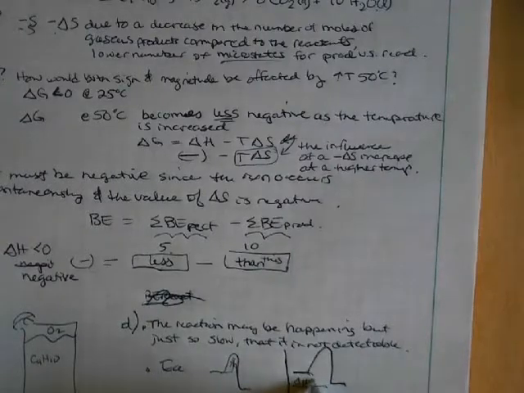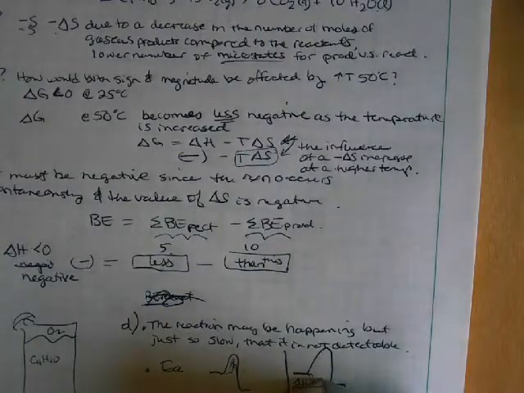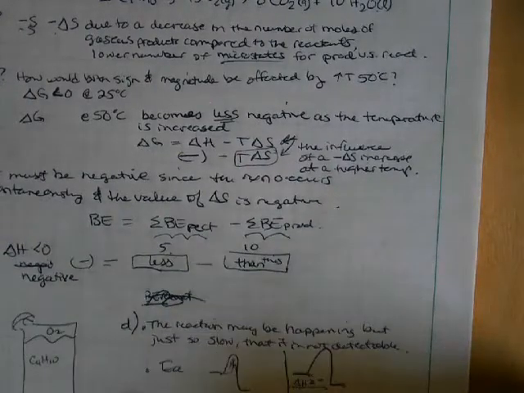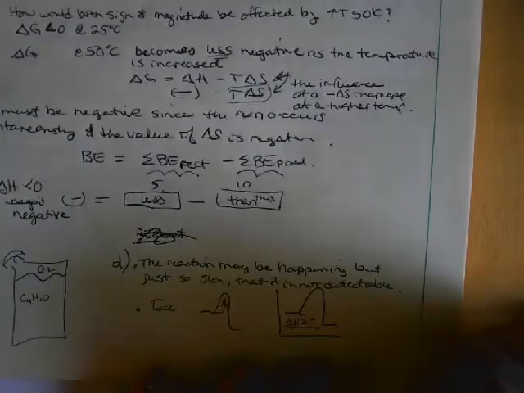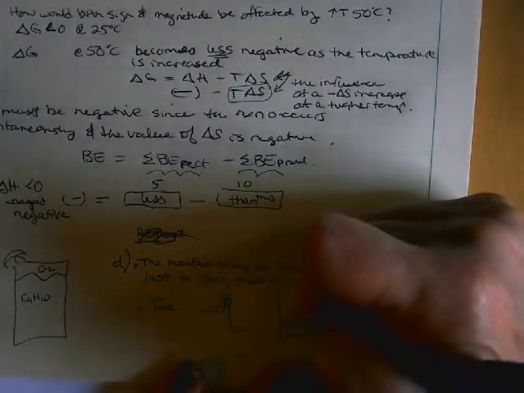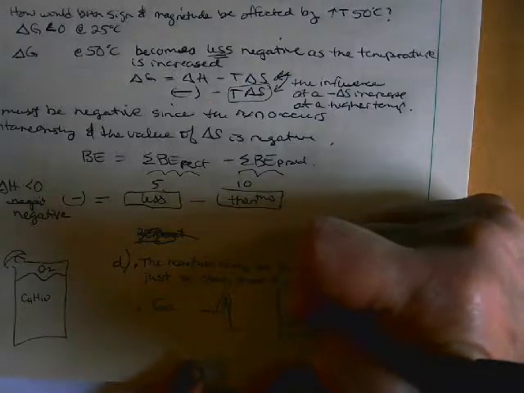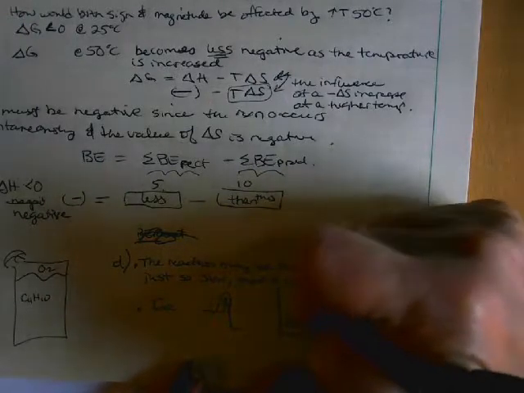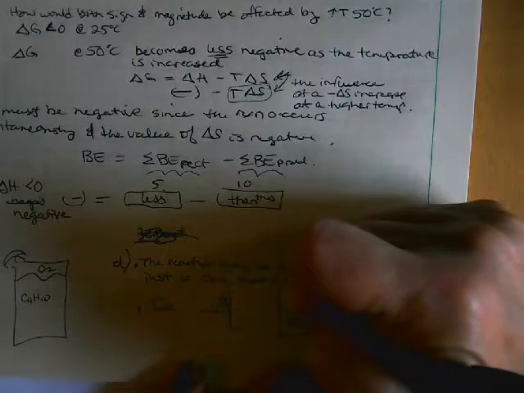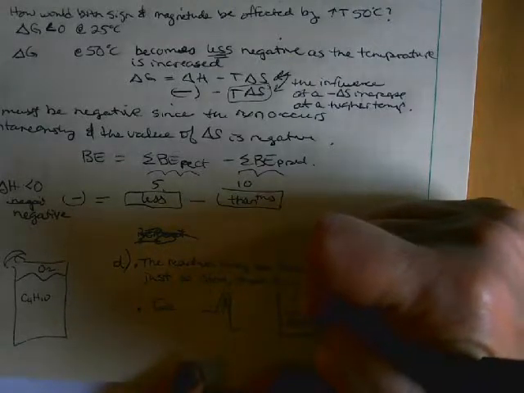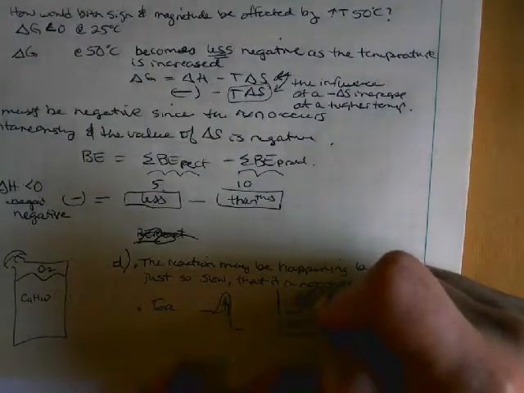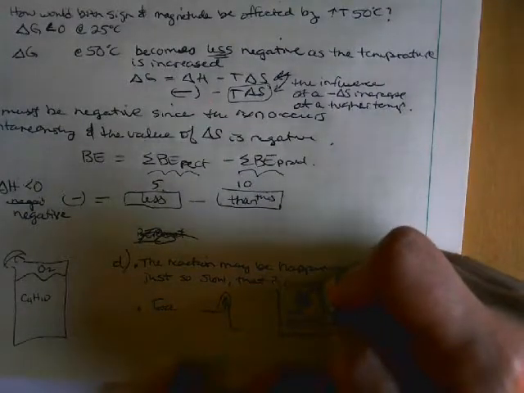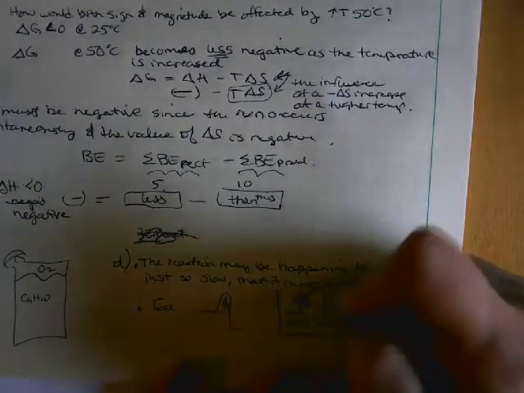This is still delta H. This would be a negative value. How this diagram relates to bond energy is the energy it takes to break the bond. So it's from here to the top of the hill. So this is BE reactants.